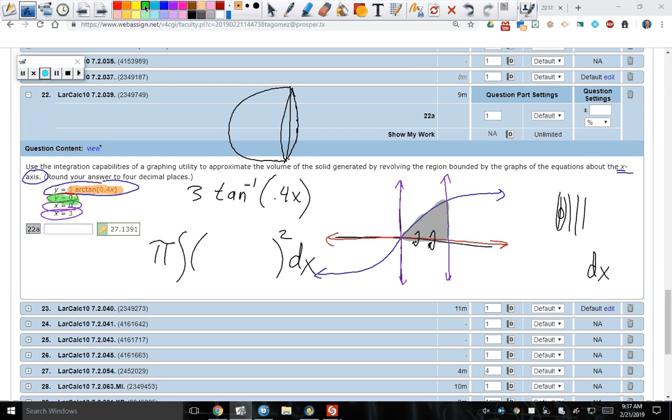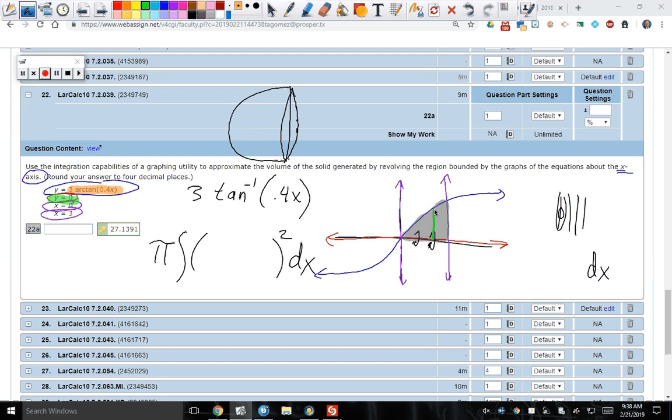And I'm going to draw a radius right now. And if you've been listening, you'll know starting from where. Where am I going to draw this radius from? The x-axis. The axis of revolution, which in this case is the x-axis. So from the axis of revolution going to the outermost function, that's when I know when to stop.